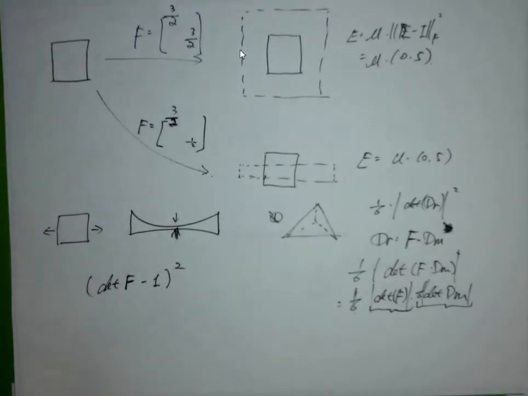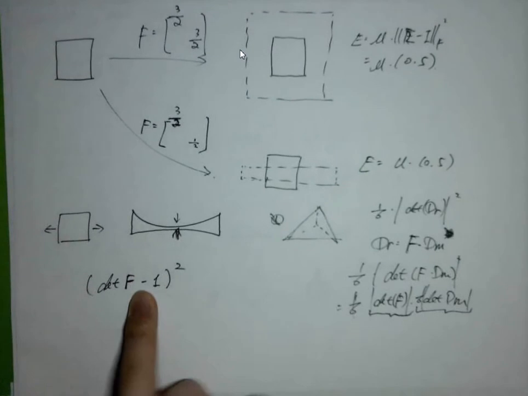It wants the determinant of F to equal 1. I'm not putting it as a hard constraint because sometimes materials do lose some volume, even if it's a really hard material like a desk. Under a really large compression, it will also lose some volume, but a little bit. So here I'm only putting a soft constraint onto that.